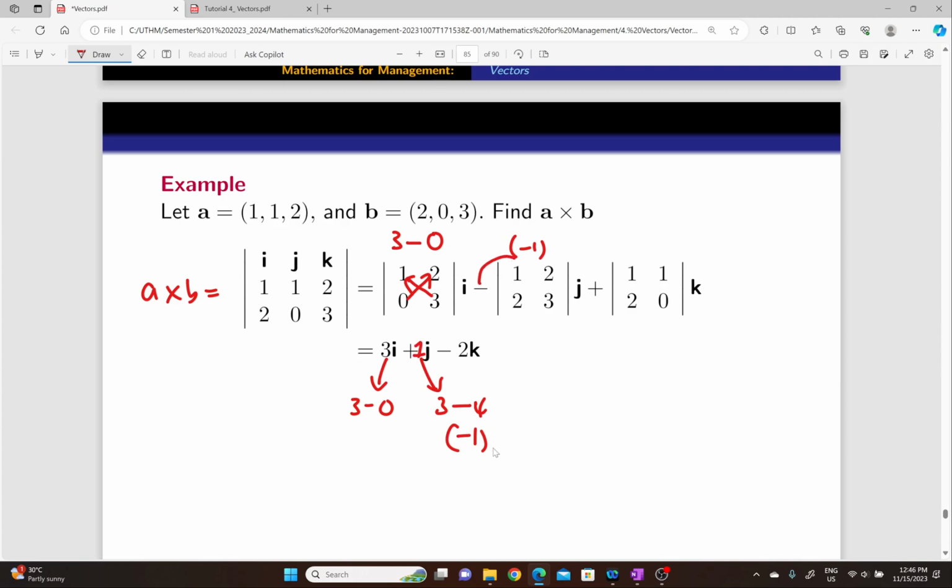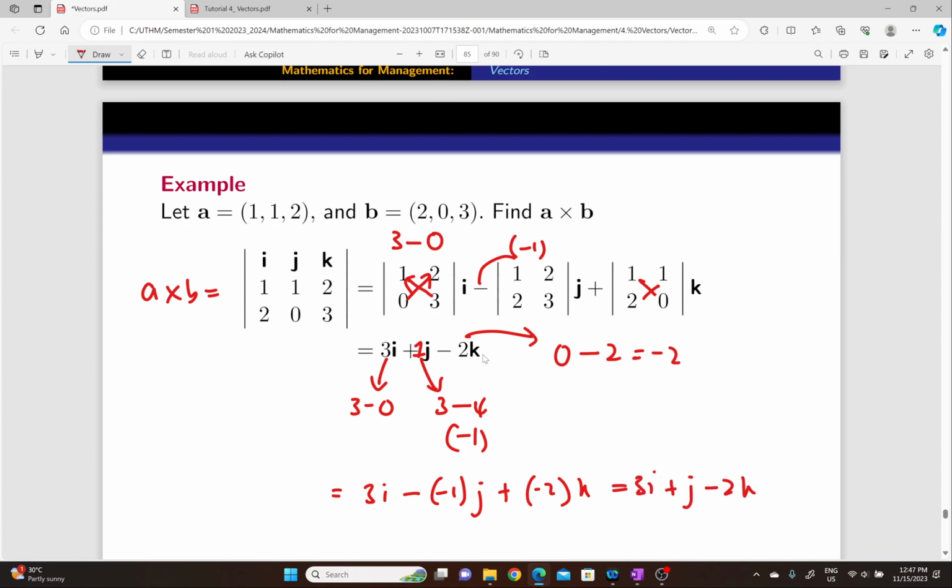That's how you get it. Basically this is 3I minus J, and then for this one, 0 minus 2, you get negative 2, so negative 2K. If you simplify this, 3I plus J minus 2K, that's what is written here.